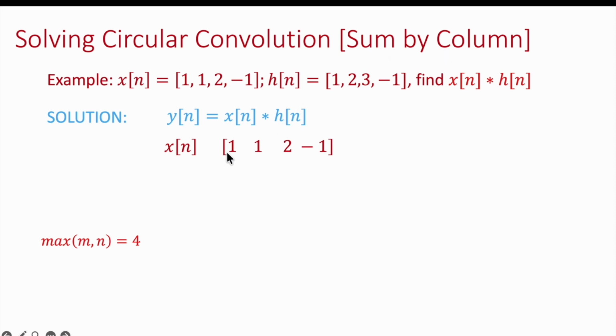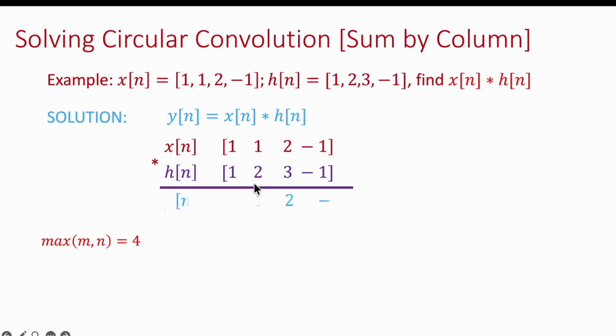Here first you write the x of n, and second you write the h of n, and then take the convolution. The sum by column method means that you are multiplying all the elements of h of n with all the elements of x of n one by one, or point by point, but you need to start from the left side and keep moving towards the right side.